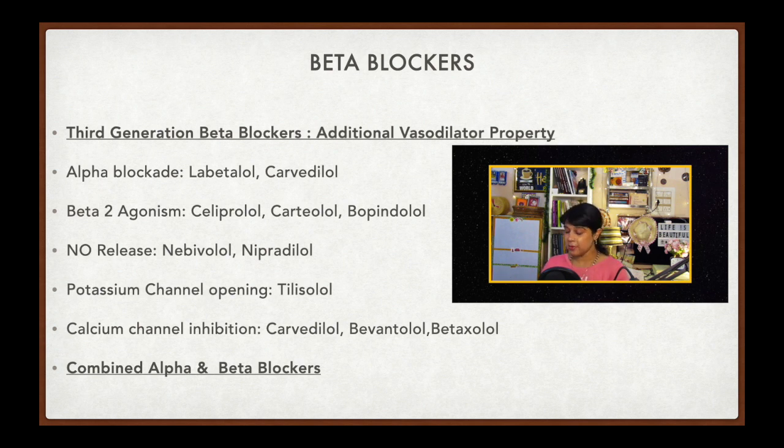The drugs are nebivolol and nipradilol. The next mechanism is opening of the potassium channels. The drug is tilisolol. And the last mechanism is inhibition of the calcium channels, and the drugs are carvedilol, bevantolol, betaxolol. So these, by different mechanisms, all cause one single action, that is additional vasodilatory action.